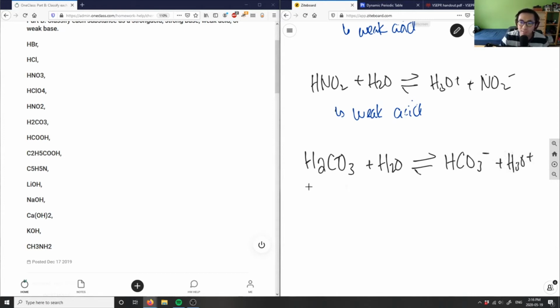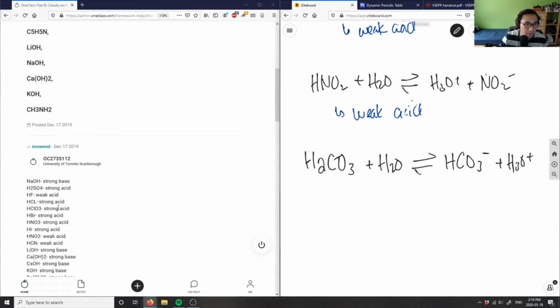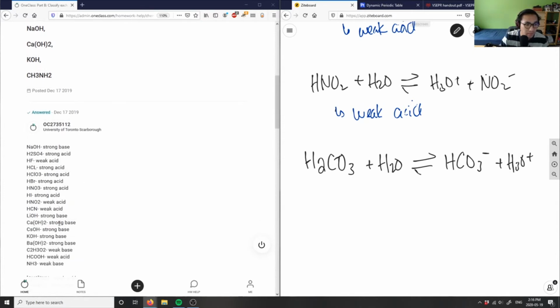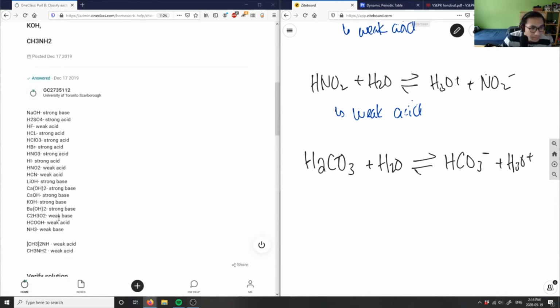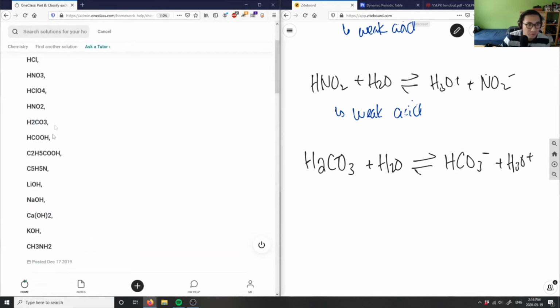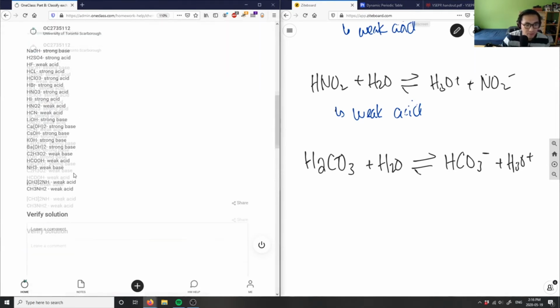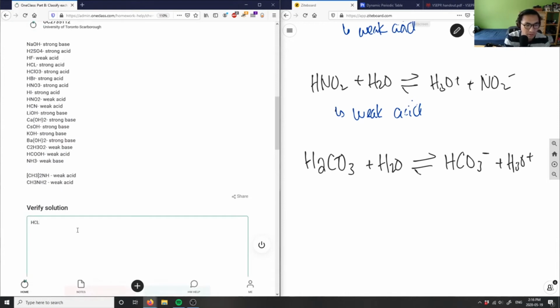This will be a weak acid. Did they include that as well? I don't think they included the H2CO3 here. So this was missing, and the HClO4 is missing, right? Let me write this down first: HClO4, and this is H2CO3.